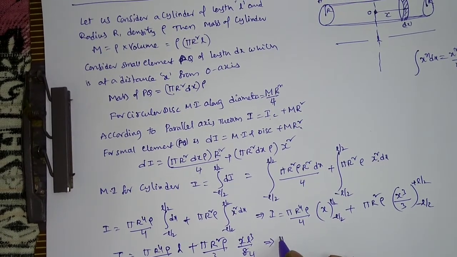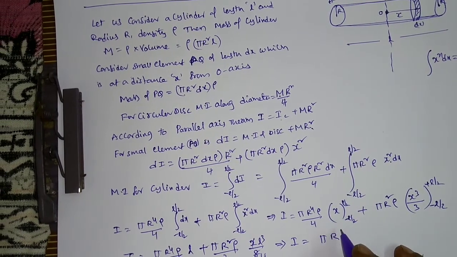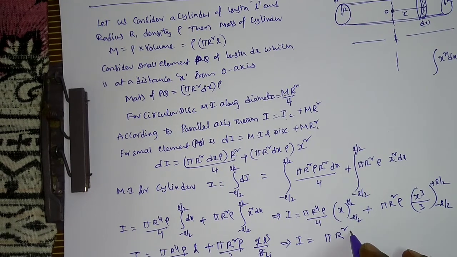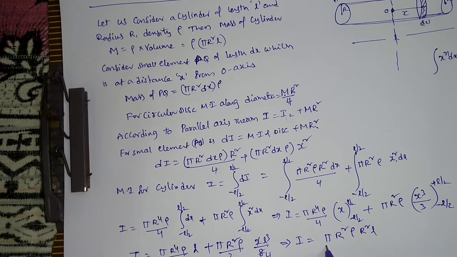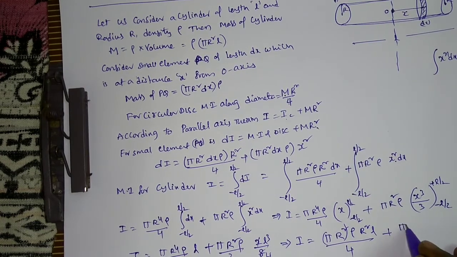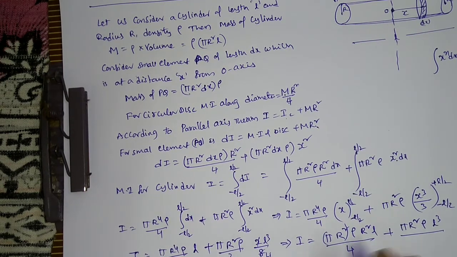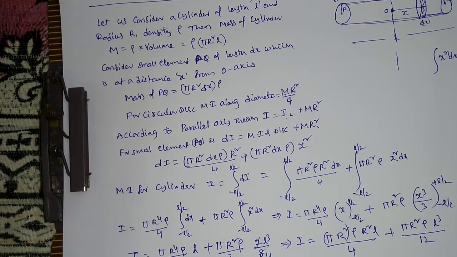Now again substituting, I is equal to pi r square rho r square L by 4, because pi r square I am dividing this, plus again pi r square rho L cube by 3 4 12.